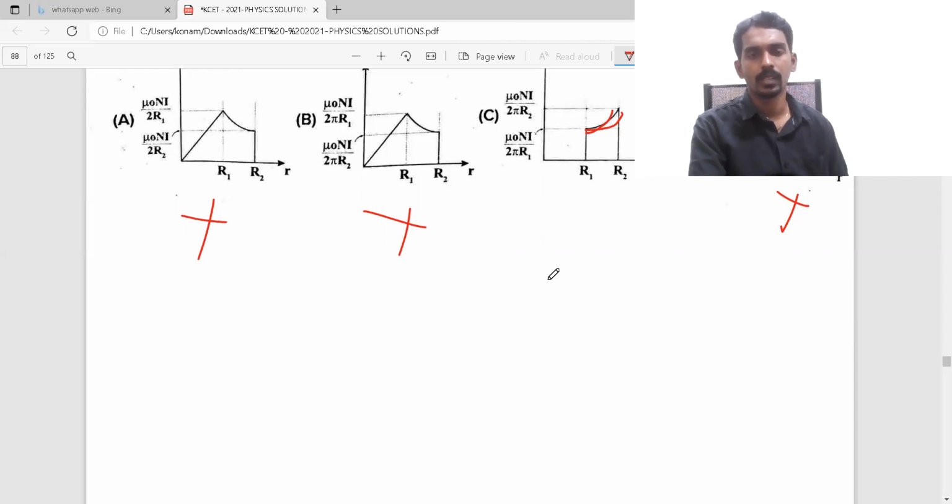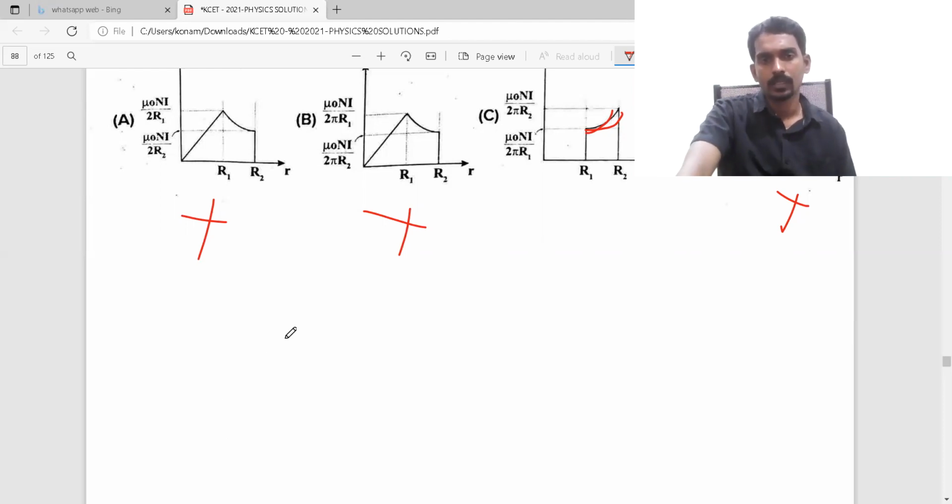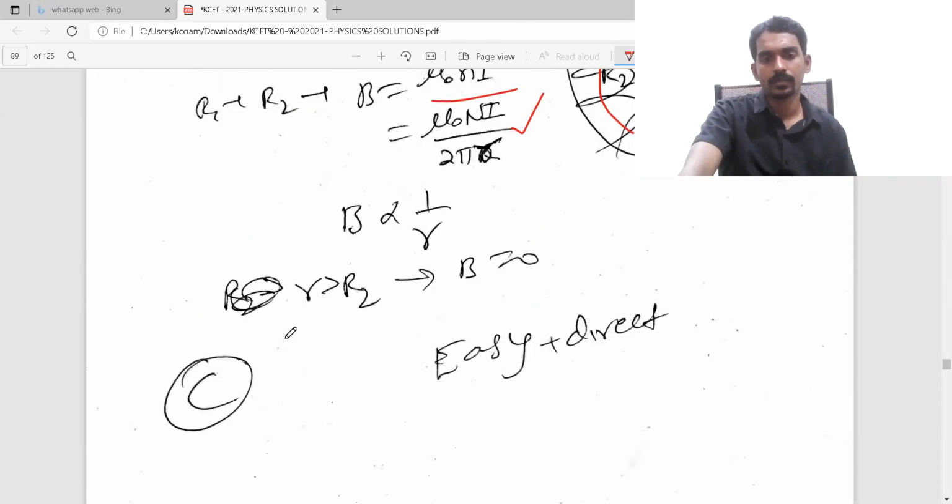Okay, let's check it. Let me conclude. But the idea is the same as the solenoid. You have to check 0 to R1 what will happen, R1 to R2 what will happen, and greater than R2 what will happen. Next.